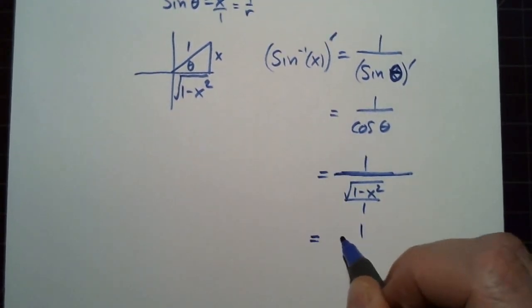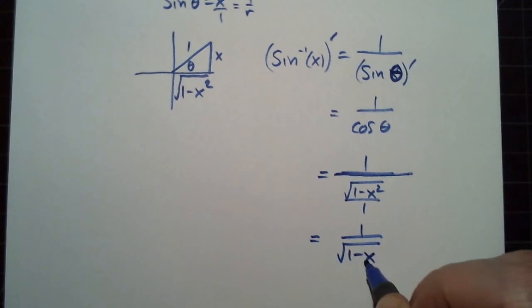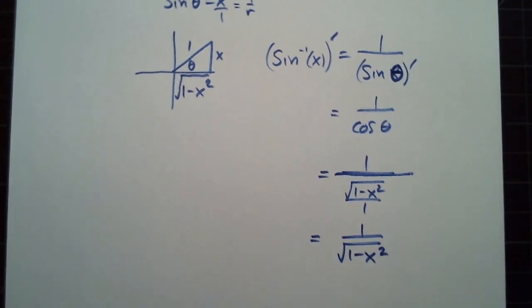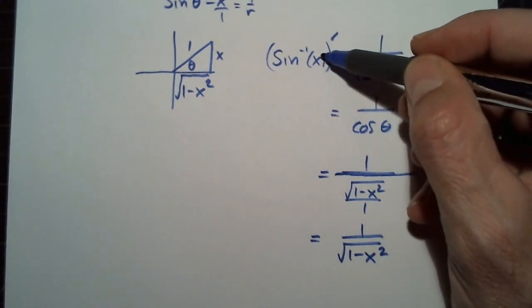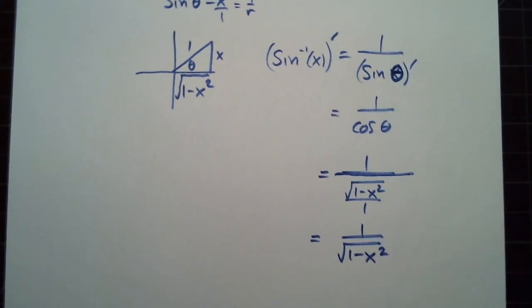So then that is just that. And there's the formula for the derivative of arc sine, or the derivative of inverse sine, is 1 over the square root of 1 minus x squared.